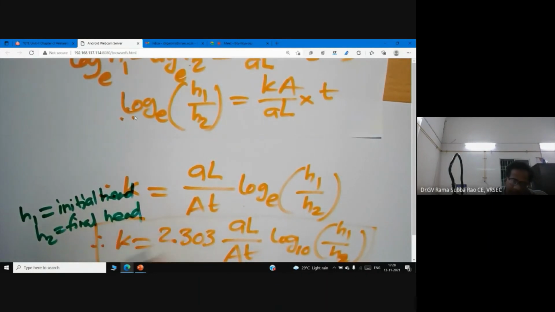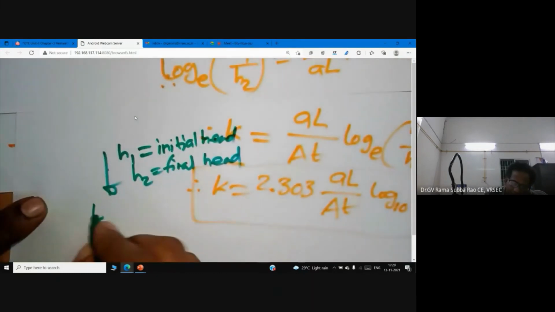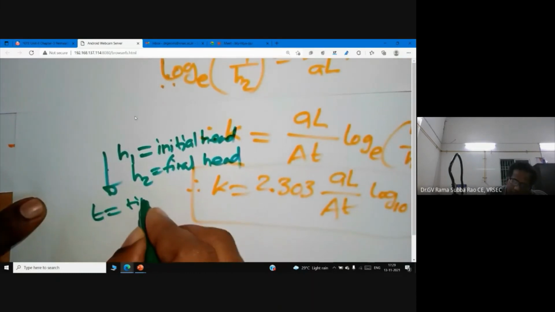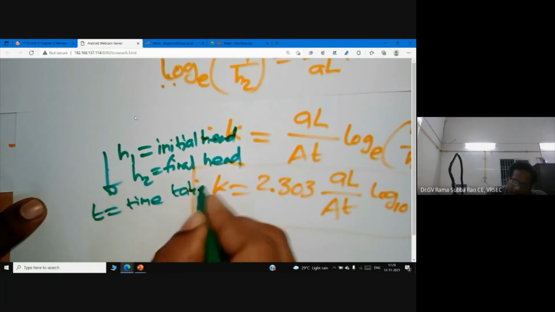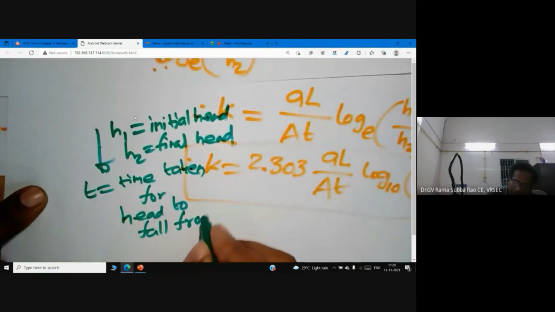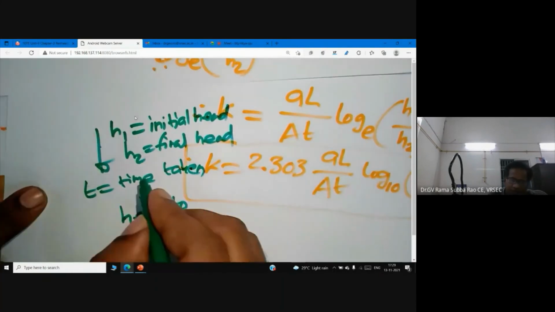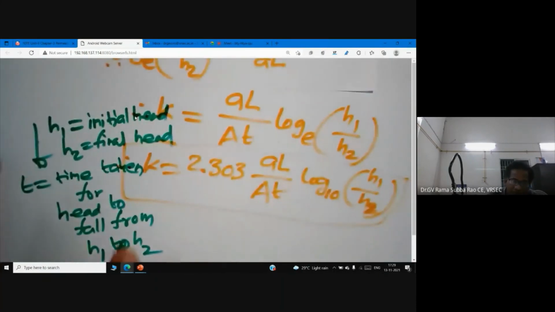The time taken for the head to fall from H1 to H2. As you know, H1 is greater than H2, and T2 is greater than T1. That's why we dropped the minus sign.